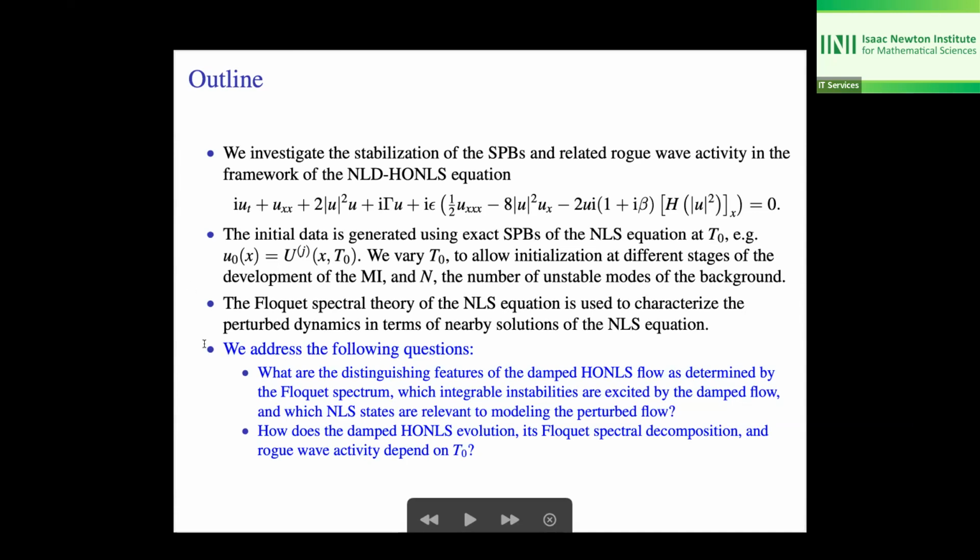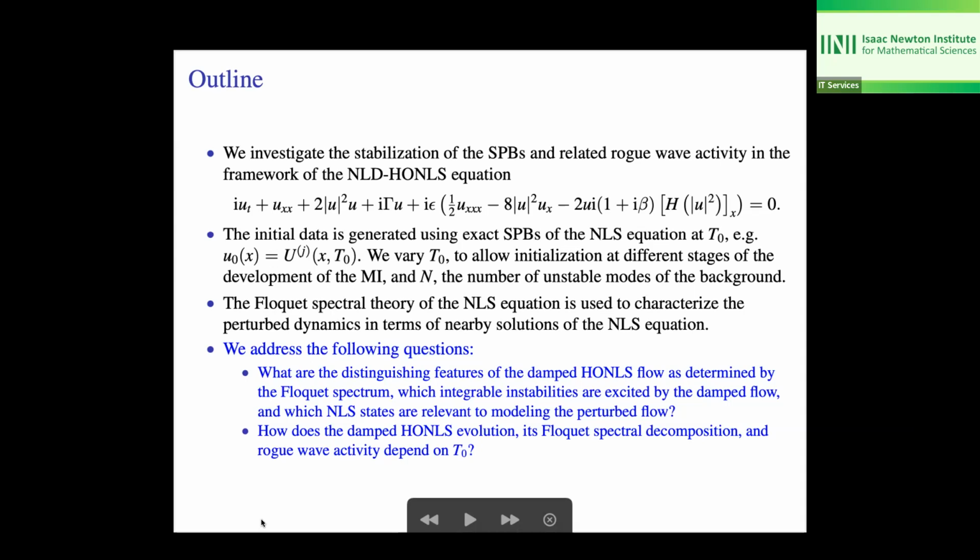And so in the spirit of earlier work by Ercolani, Forrest, and McLaughlin, we will be using the Floquet spectral theory of the NLS equation to characterize the perturbed dynamics in terms of nearby solutions of the NLS equation.